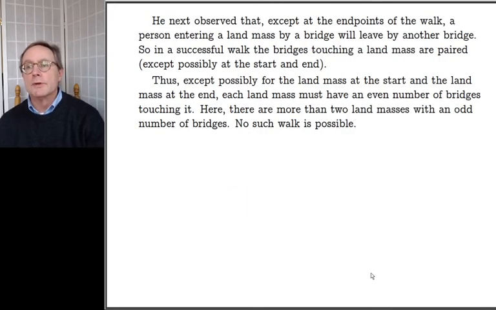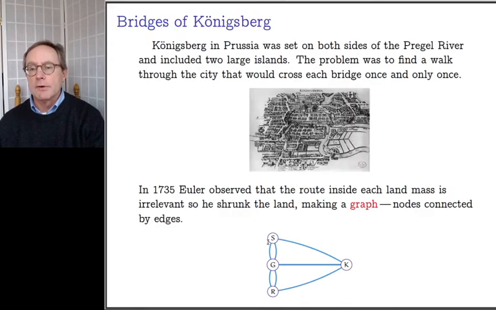So Euler then observed that if you're going to walk around the city, for example, you might start at S and then go to G and then go to R and then come back to G. If you're going to go over each bridge, not twice, only once, then for every bridge in, there's got to be a matching bridge out.